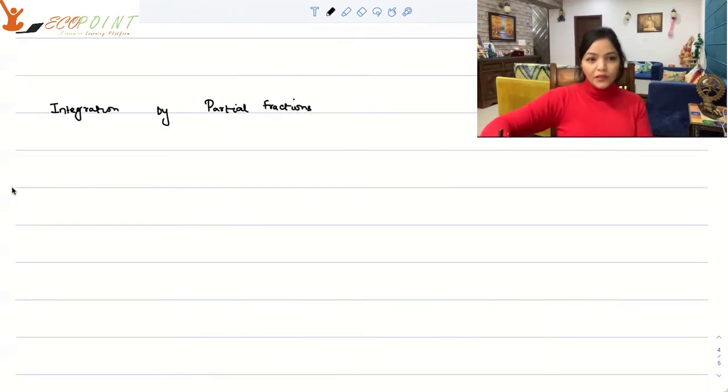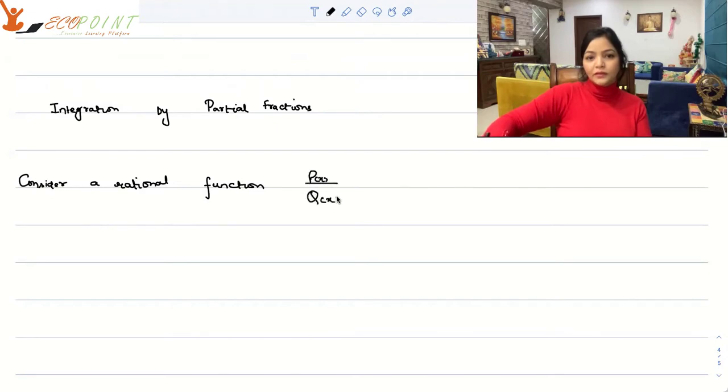Okay. Now you consider a rational function P(x) upon Q(x), where Q(x) is not equal to 0.